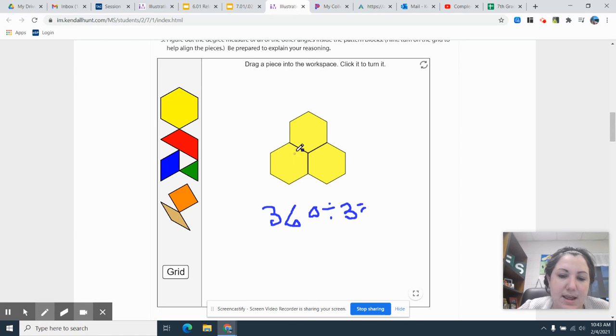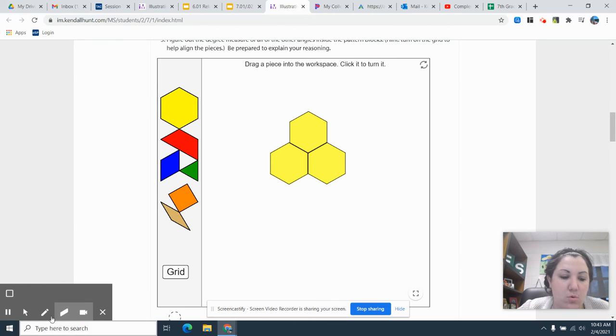That means that each angle in this hexagon is going to be, see, 360 divided by 3, that's going to be 120 degrees. So one angle here is 120. Okay, so that one's pretty easy. That's pretty easy for those that have one common angle, such as your hexagon, your triangle, and your square.